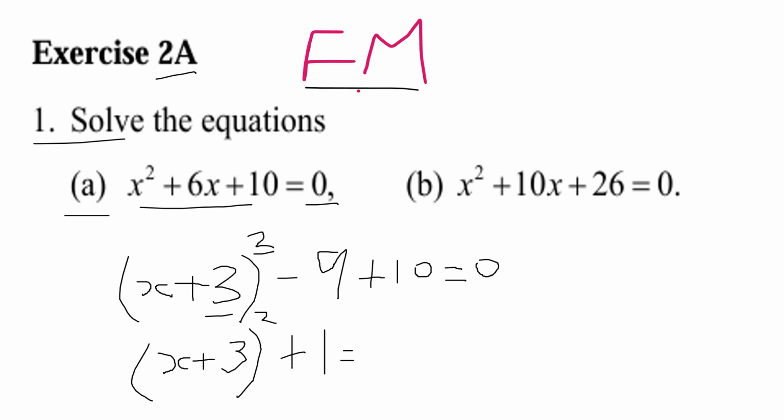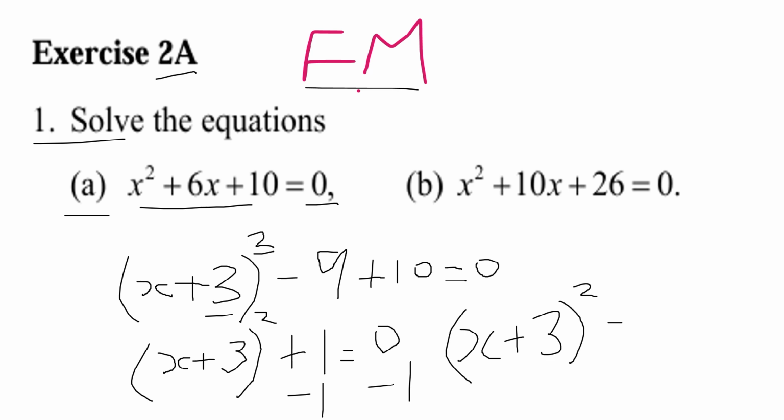I'm now going to subtract 1 on both sides to balance each side. We have x plus 3 all squared is equal to negative 1. I'm now going to square root both sides, with a plus and minus. x plus 3 is equal to plus or minus the square root of minus 1, which doesn't have any real roots.